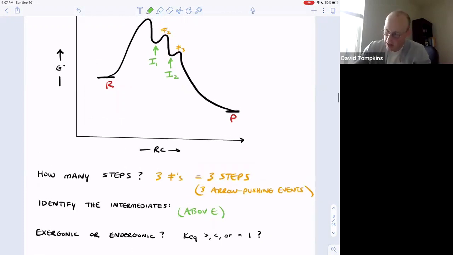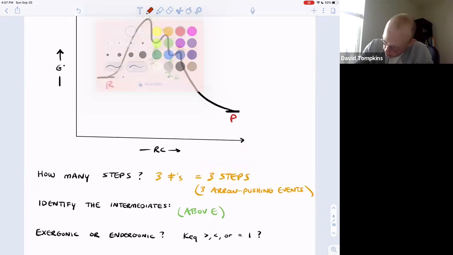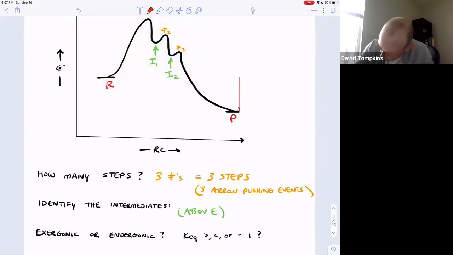The overall reaction, or the free energy change on the y-axis, is the Gibbs free energy of the product minus the Gibbs free energy of the reactant, or delta G standard.